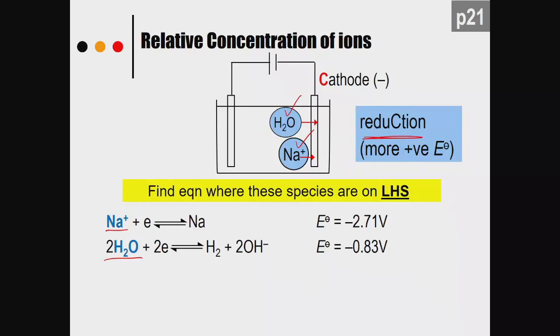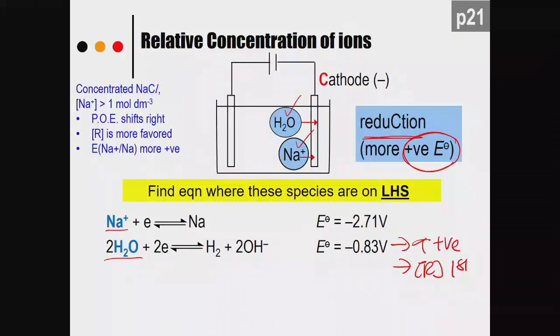And when you look at the E0 values, you realize that now I want reduction to take place, so you must choose something that is more positive. Correct? And the more positive one is this one. Because it's more positive, it should undergo reduction first. Then, because we are using concentrated NaCl, I need to consider the concentration effect.